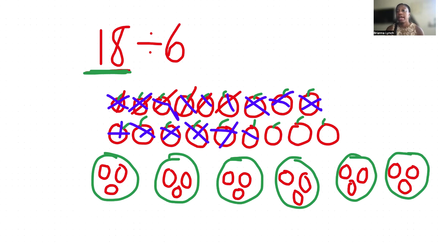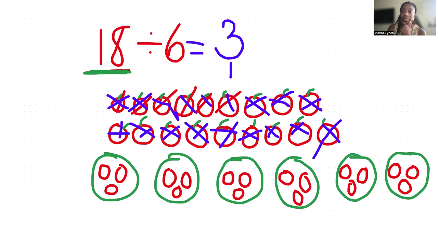Now all of my apples are in equal parts, and all of my friends can be happy. How many apples did we put in each basket? 1, 2, 3. I put 3 apples in each basket. So therefore, if I have 18 apples and I have to share them with 6 of my friends, we will all get 3 each.